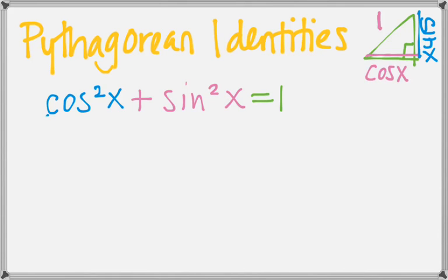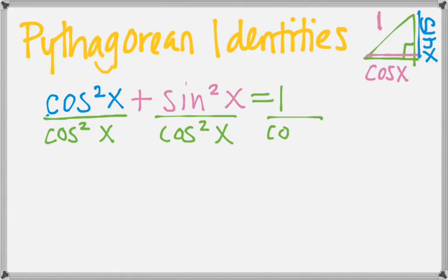All right. This is one of 3 Pythagorean identities. The other 2 come from this one. And what we do to get the other 2 is we divide by a carefully chosen trig identity. We're going to divide every term in the original Pythagorean identity that we got from the unit circle by the cosine squared of x.